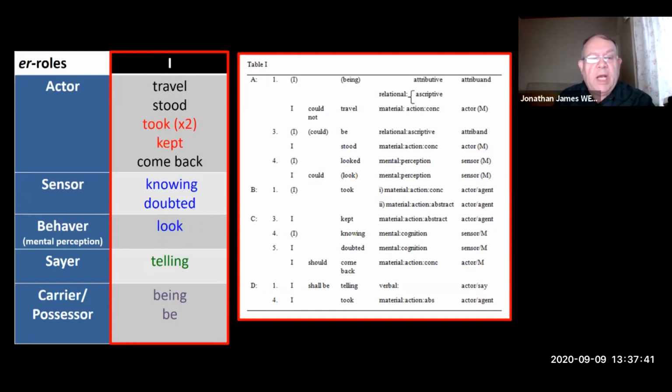Travel, stand, take, keep, and so on. You can see the list here, all right? Of these, we notice that there are only two which are really dynamic: take, occurring twice, and keep. The rest of these are less so.